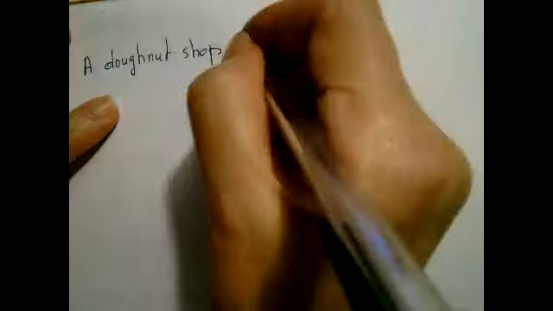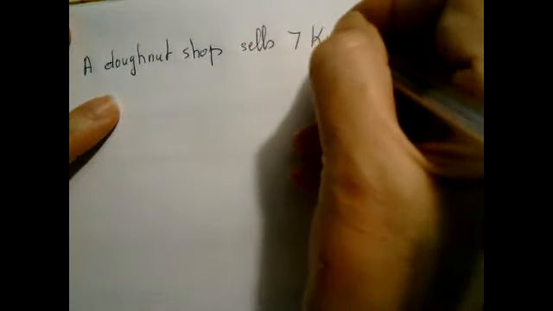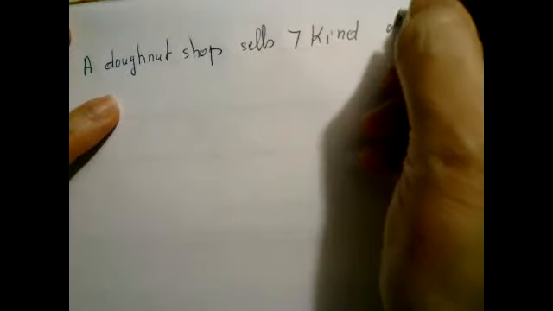So I'm making you hungry for sweets today. We have a donut shop, so I'm not changing my scenario. The donut shop sells 7 kinds of donuts.